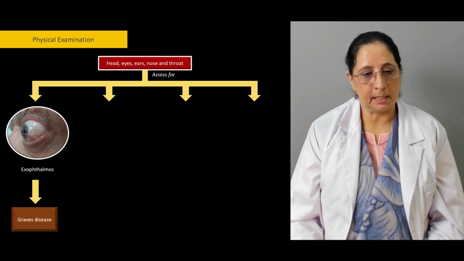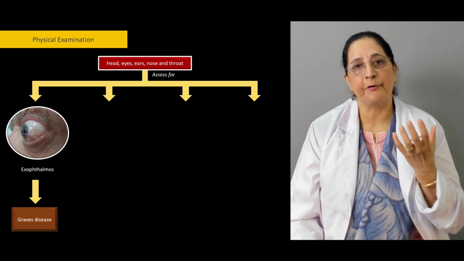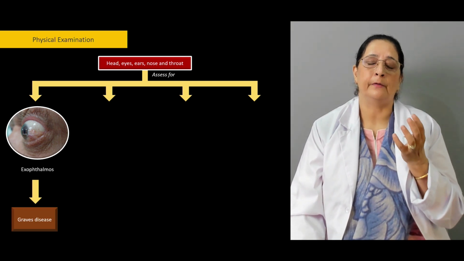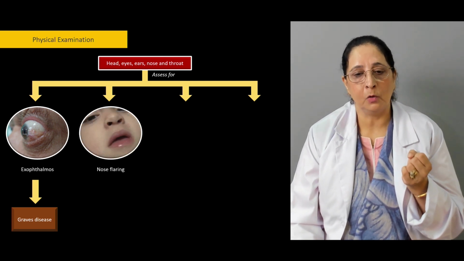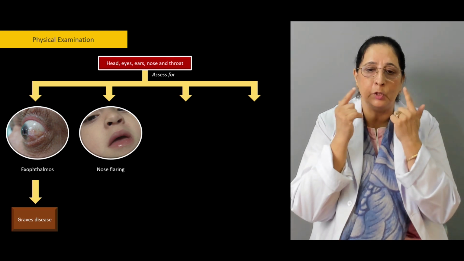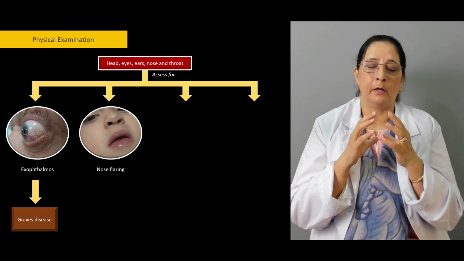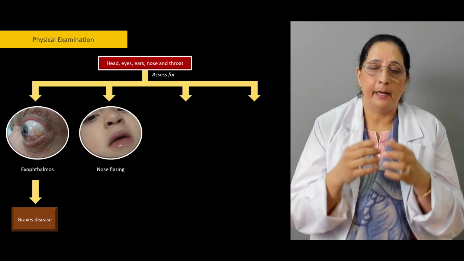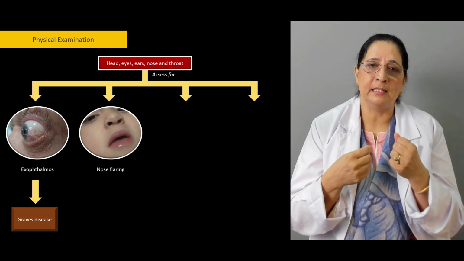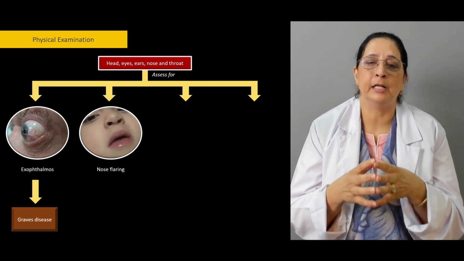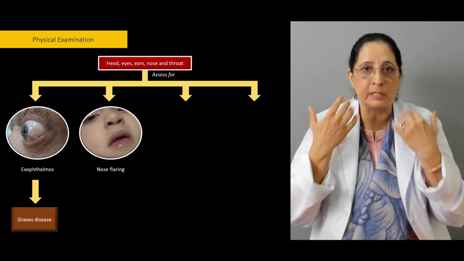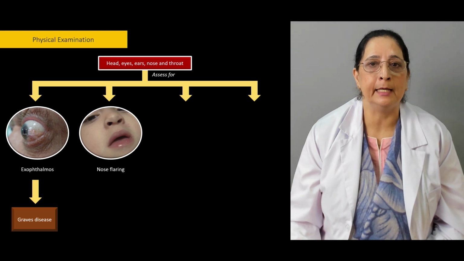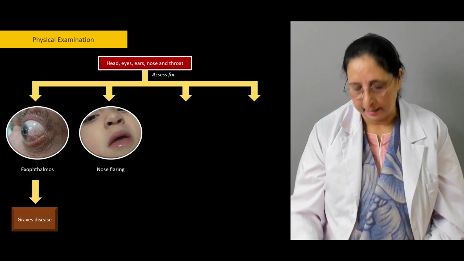So this is common in Graves' disease of the thyroid gland. Then also look for the flaring of the nose. If the child or the patient is flaring, this is an indication that the patient has difficulty in breathing, so they are forcefully trying to breathe in, and that causes the nasal flaring.